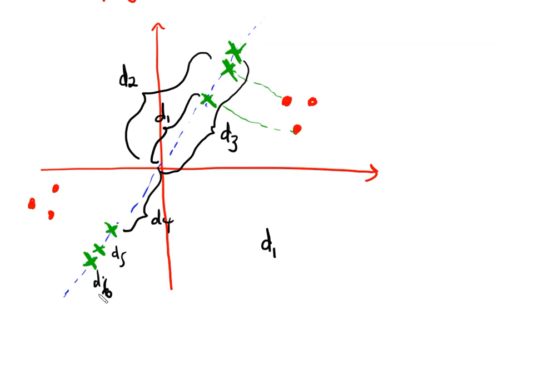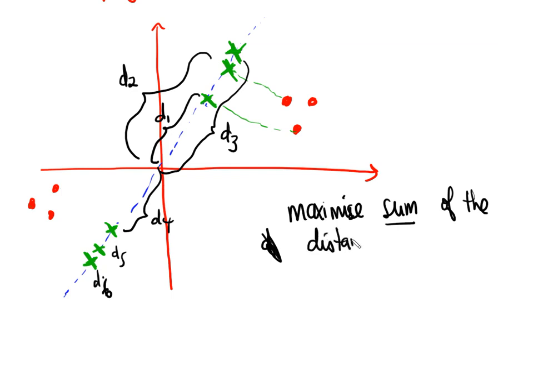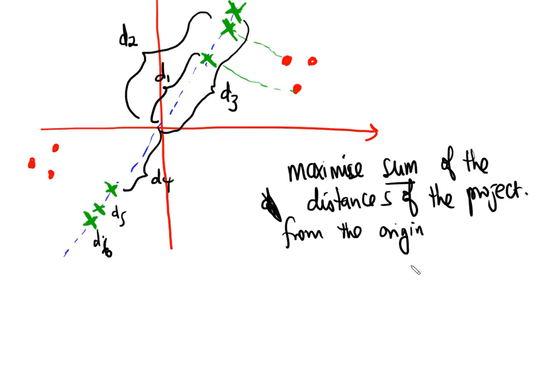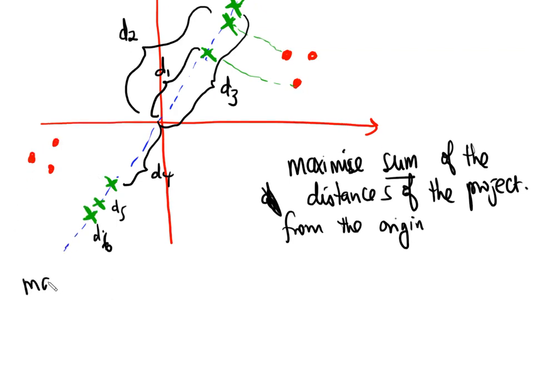So what we are trying to do is maximize the distance of these points from the origin. So what we are maximizing is the sum of the distances of the projected points from the origin. What is the sum?